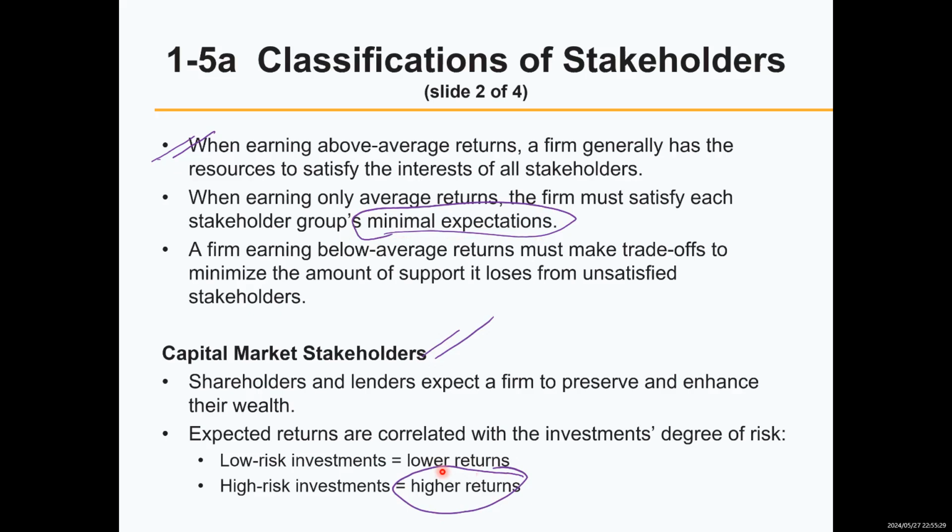But remember, high return leads to high risk as well. When high risk is taken, then of course the loan providers or lenders become quite unrest, that okay, our principal is now at high risk. So you need to maintain a balance. So that's why you focus on minimal expectations, right?